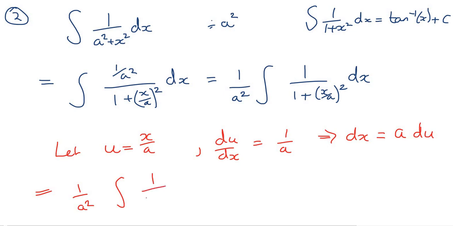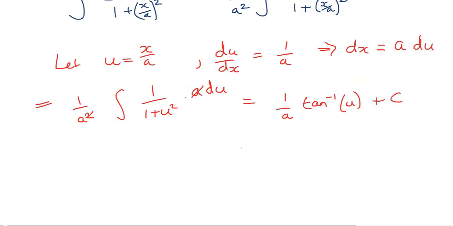We've got 1 plus u squared now, and we're timesing by a du, because that's dx. This a cancels with this a, and we are left with 1 over a. Right, the integral of 1 over 1 plus u squared du is nothing more than the inverse tan of u. And don't forget that plus c.